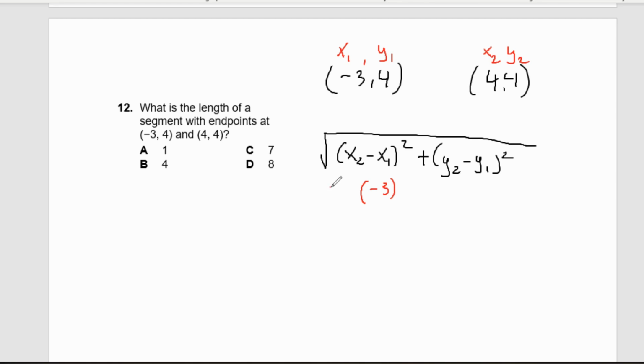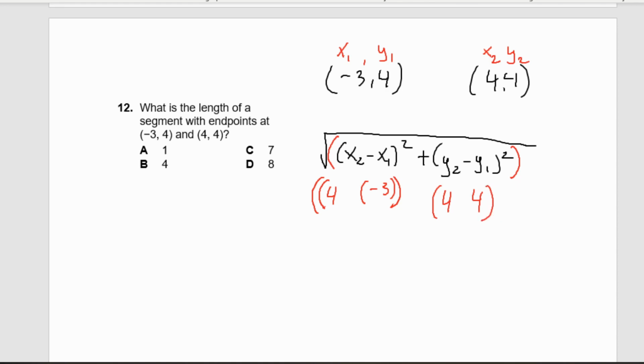And my x2 is 4. I'm going to put that in the parentheses that it started with. I'm also going to, so I don't make any mistakes, write in my implied parentheses overall. Then I'm going to move into what is my y2. Well, that is 4. And my y1 is also 4. And I'm going to keep those in the parentheses.